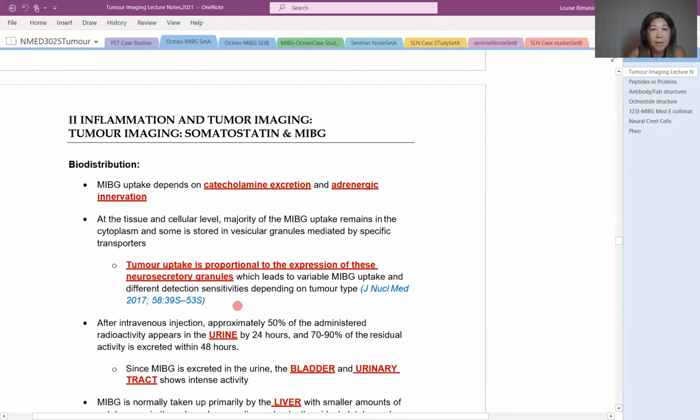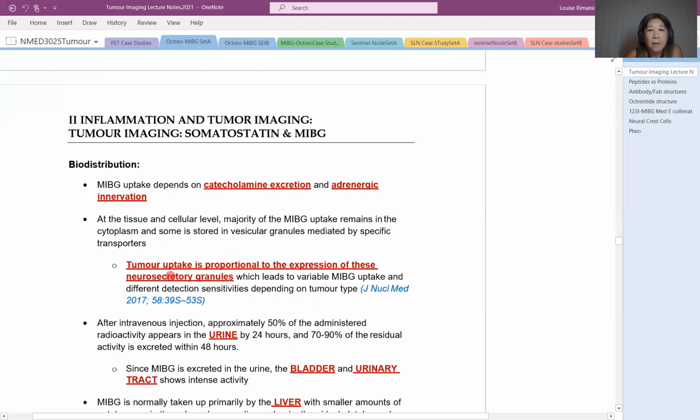So it just seems to stay in those neurosecretory granules. MIBG uptake is dependent on catecholamine excretion as well as that adrenergic innervation. At the tissue and cellular level, as I said, most of it remains in the cytoplasm.